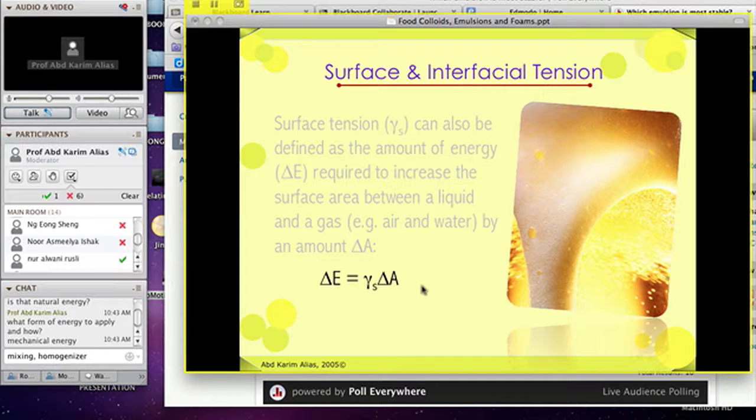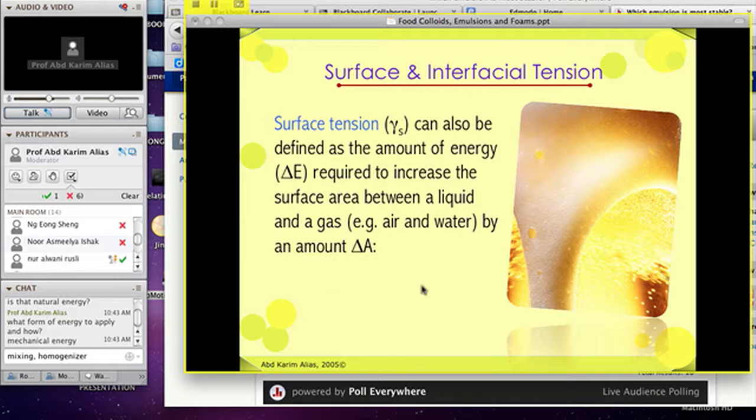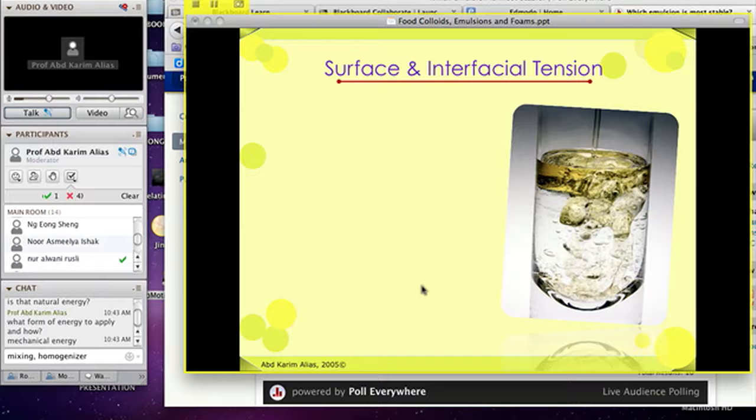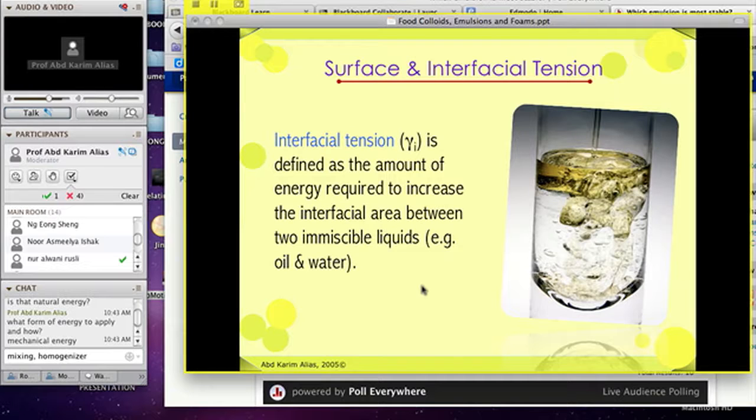So that's why we also define surface tension as the amount of energy required to increase the surface area by the amount of delta A. What about interfacial tension? Interfacial tension is defined as the amount of energy required to increase the interfacial area between two immiscible liquids.